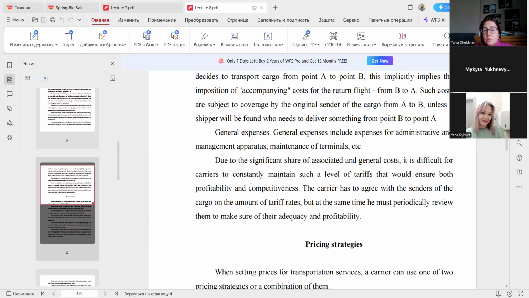The carrier has to agree with the senders of their cargo on the amount of tariff rates, but at the same time, must periodically review them to make sure of their adequacy and profitability.